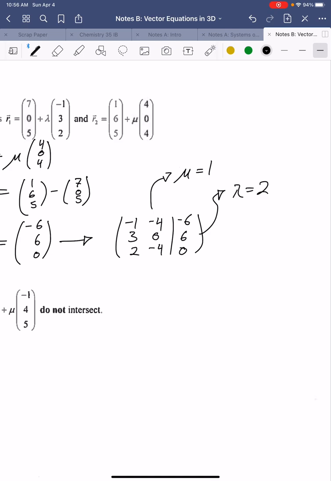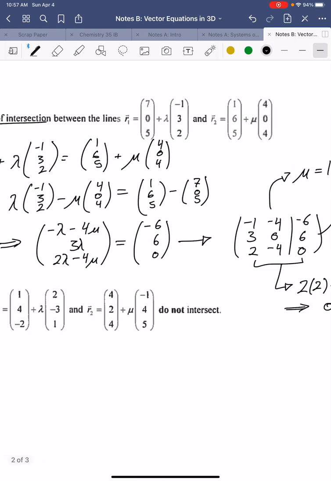Given those, we can plug both into this row here to make sure that it works, because we haven't used it yet. So 2 minus 4 times 1 equals 0. Well, 0 equals 0. So it's verified. It does intersect.